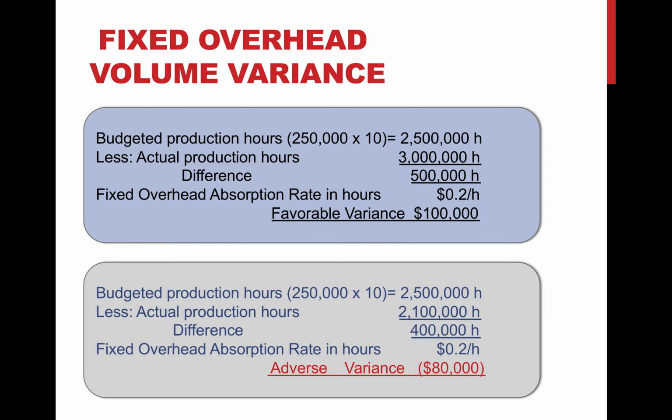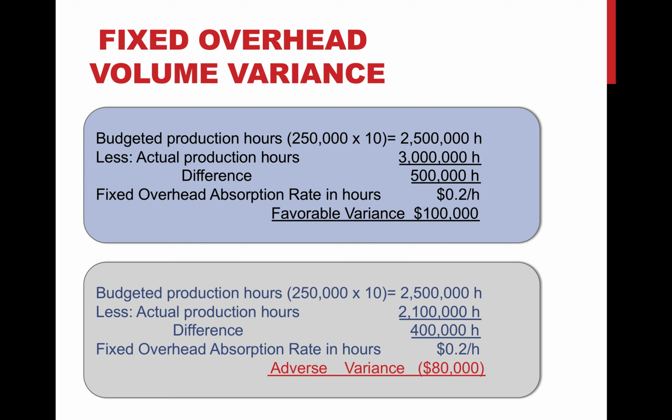In the other way around, when you have the same budgeted hours, that is 2.5 million hours, and you produced only 2.1 million hours, you have a difference of being inefficient, let's say, by 400 thousand hours. So you charged to the inventory cost or to the cost of goods sold only these 2.1 million hours times 0.2.